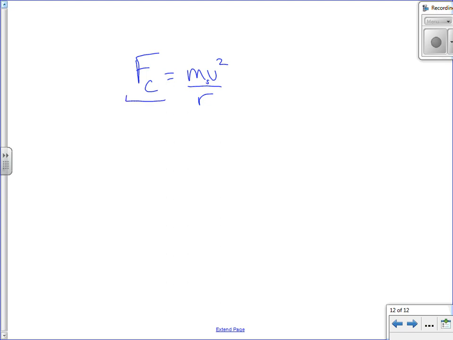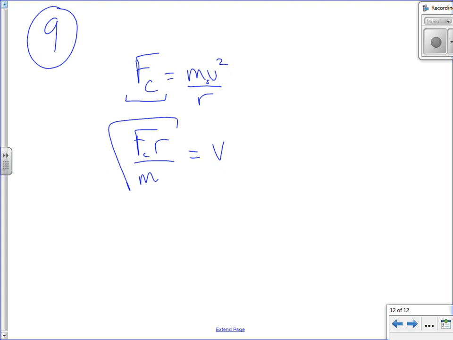Normally we'd write this as Fg, G M m over r squared, but in this case they tell us a centripetal force Fc. Well, just solve for speed. v equals the square root of Fc r over m. That's A.